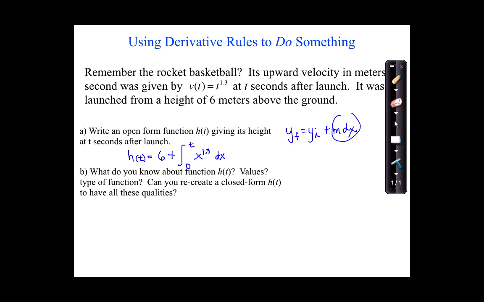What would need to be in there? We can work out some of the messy details in a moment, but what would need to have been in there in order for its rate of change, its derivative, to have ended up with a variable to the 1.3 power?